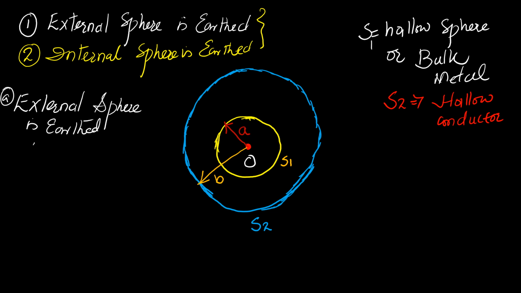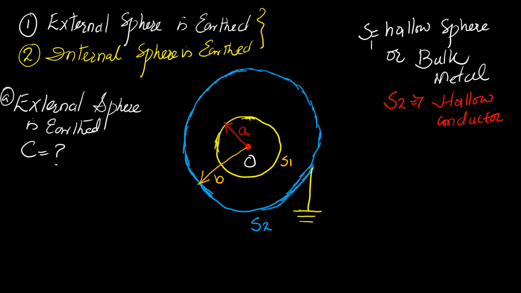Then what will be the capacitance of the capacitor when the external sphere is earthed? Now let us draw a diagram for earth. This is a diagram for earth, where the external sphere is earthed.